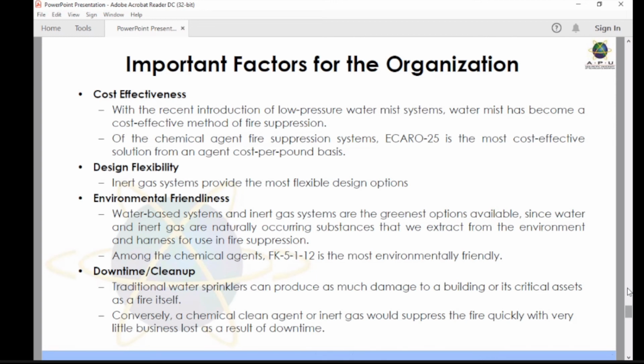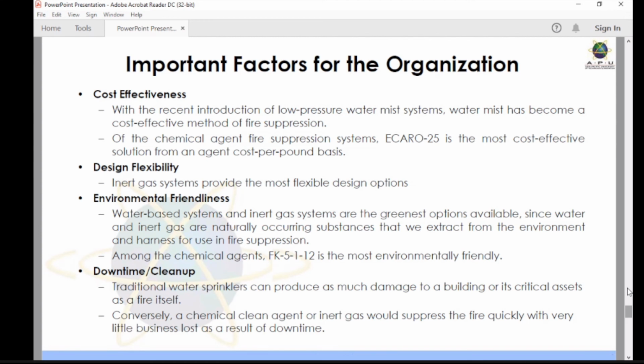Then downtime and cleanup. Traditional water sprinklers can produce as much damage to a building or its critical assets as a fire itself. You have extinguished the fire, but if you have this water sprinkler system over equipment like servers, imagine if they will ever work again. Water can cause as much damage to the working equipment as the fire did.